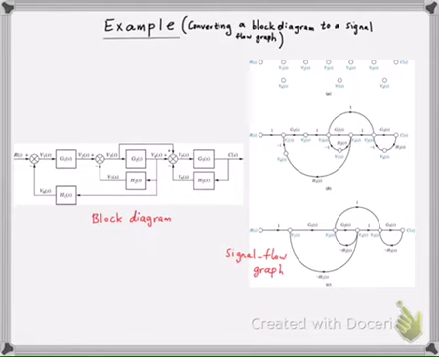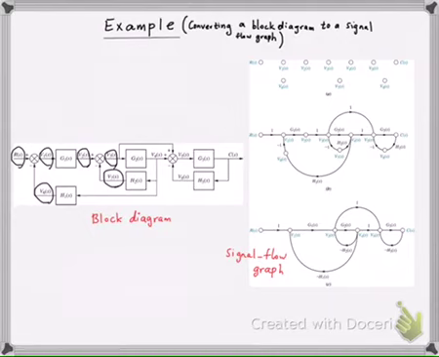And each of these systems can be just put as a branch in that graph. For example, here, starting from left, we have R, and then the input to G1 is V1, the input to H1 is V6, the output of G1 is V2, the output of the summing junction is V3, another input to this summing junction, which is the output of H2, is V7, etc. So for all of this, we'll have to define signals.